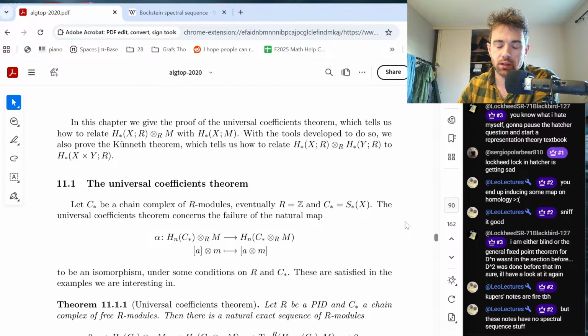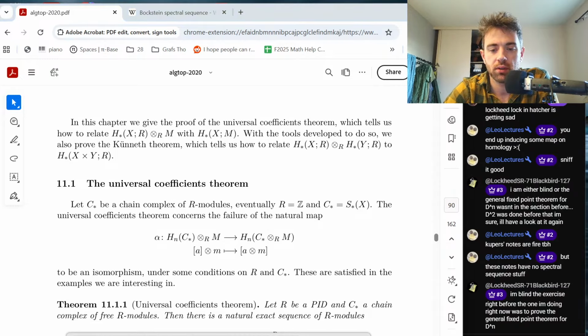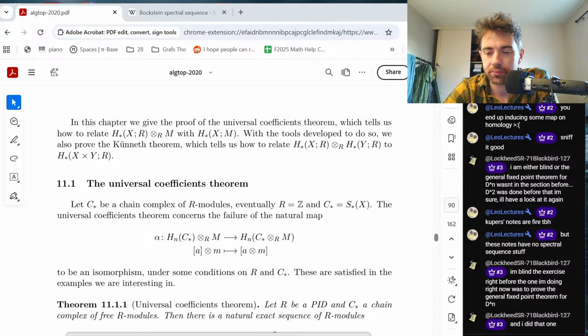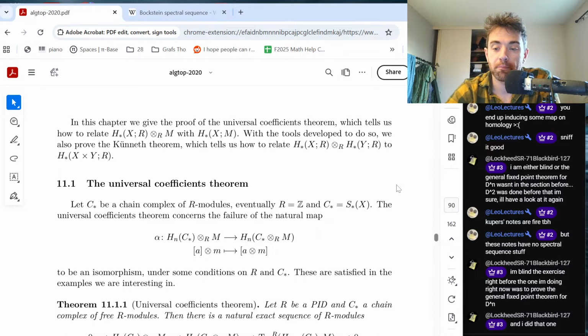I'm confident that if you follow those same steps, it'll lead you to the solution. The exercise right before the one you're doing right now was to prove the general fixed point theorem for Dn, and you did that one. Yeah. So, okay, I try and copy those same steps. Like, see what you can say about induced maps on homology.